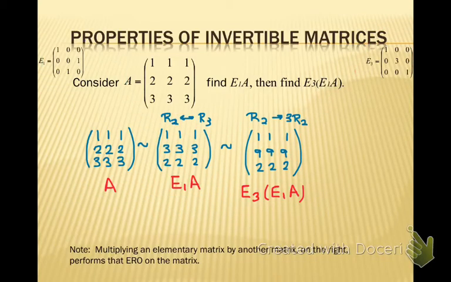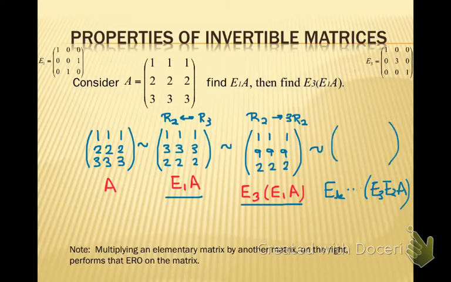Notice that when I multiply a matrix by an elementary matrix on the left, it simply performs that row operation on the matrix. So I could have a succession of such row operations, let's say Ek, ..., E3, E2, all multiplied by A, and that would simply perform all those row operations identified by each of these elementary matrices on the matrix A.